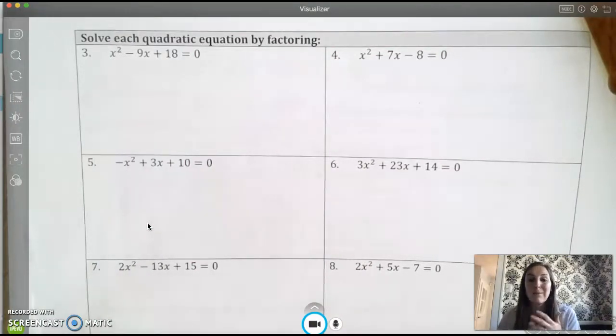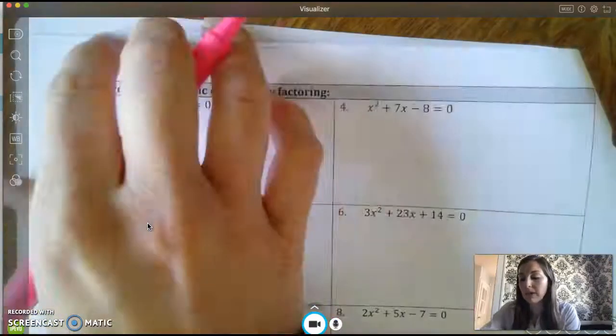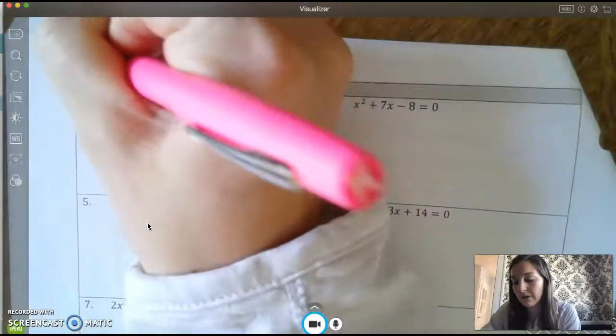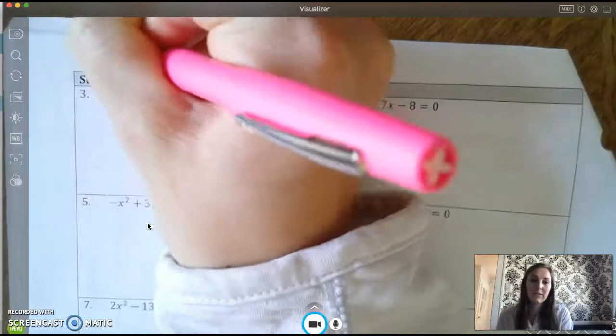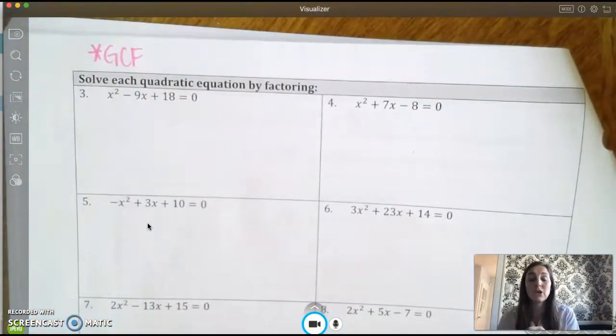So we're really basically focusing on factoring today. So a couple factoring reminders before we get started. Remember, our first step every single time should be the GCF. So our greatest common factor is always our first step. And so whether it's a whole number like 2 or a negative in front, that's got to be moved to the front.